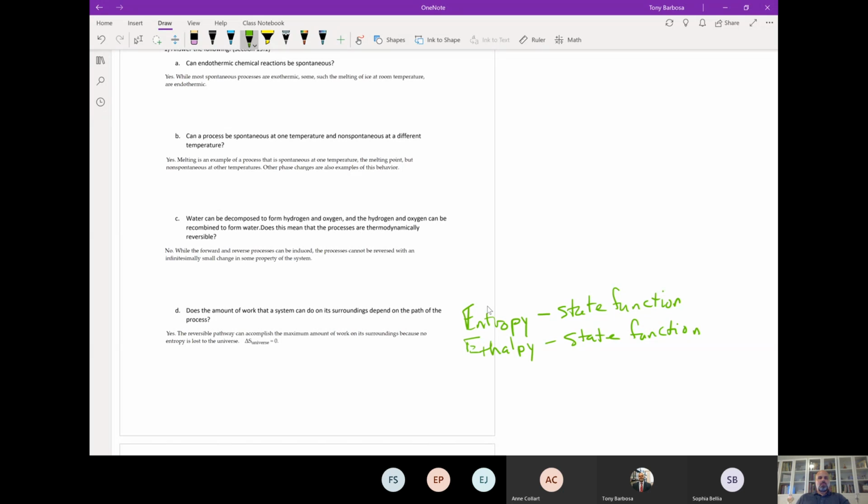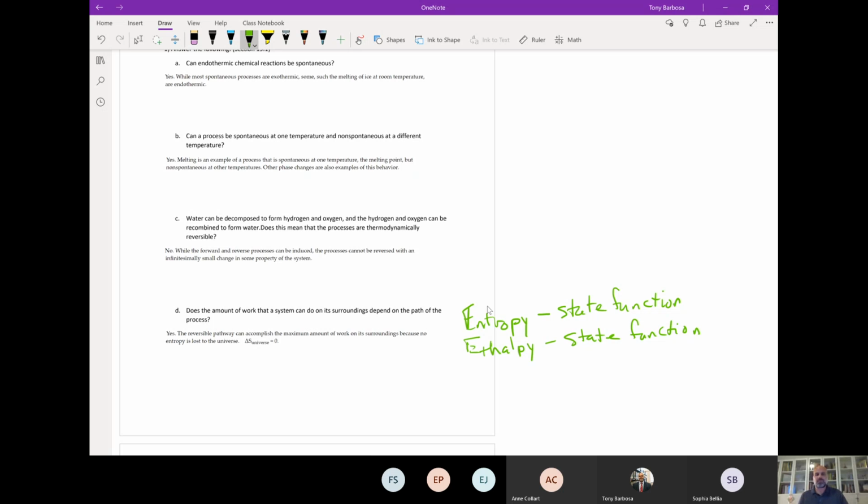But if you think about work, and the ability of something to do work, and I'm trying to recall where in the chapter this showed up. If you think about it from the common sense perspective, the path that you take to do work is very much going to determine the work, and it is definitely dependent on the path that you take to get to the end.